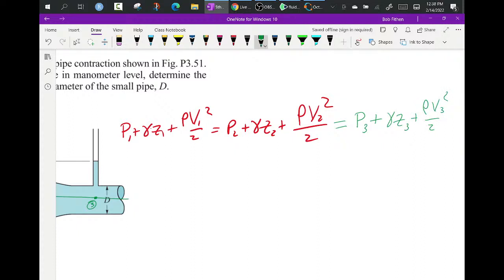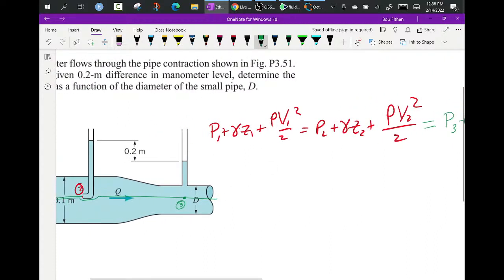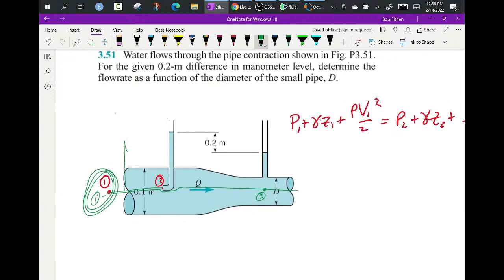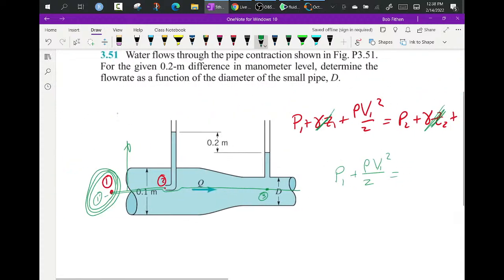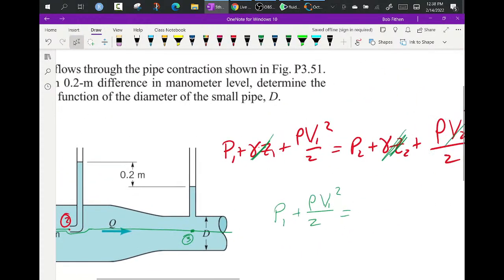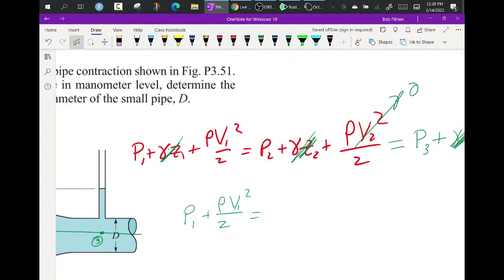Now, let's first identify the datum. Datum starts from here, meaning these are all 0. So again, P1 plus rho V1 squared over 2 is equal to, and guess what? V2 stagnates, has no value.